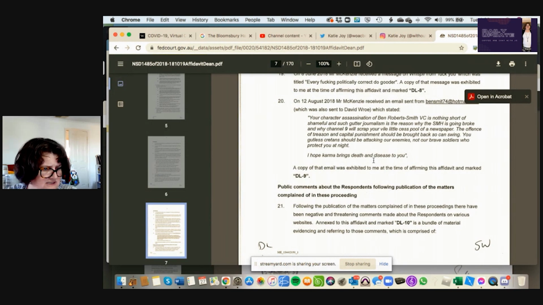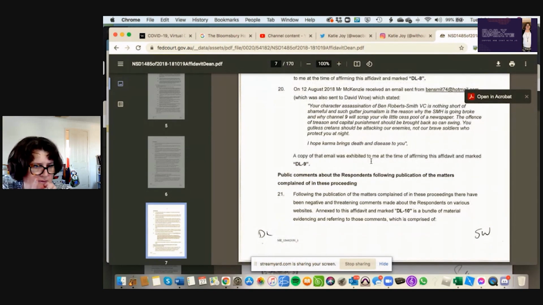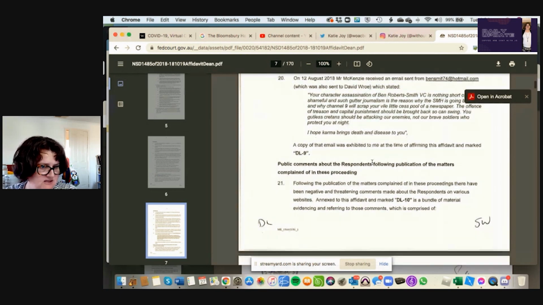The offence of treason and capital punishment should be brought back so you can swing. You gutless cretins should be attacking our enemies, not our brave soldiers who protect you at night. I hope karma brings you death and disease." A copy of that email was exhibited at the time of affirming this affidavit.